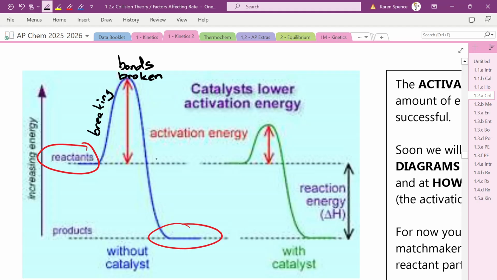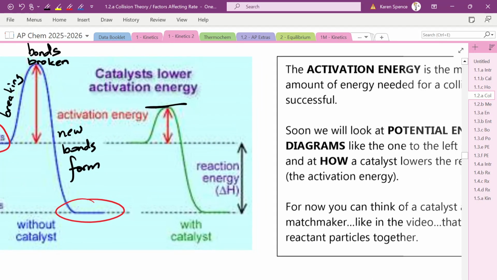And then as it goes down, new bonds form. If you have a catalyst, there's a lower peak to get over. So a higher percent of collisions will have that amount of energy. Does that kind of make sense? Okay, we'll talk more about that later.